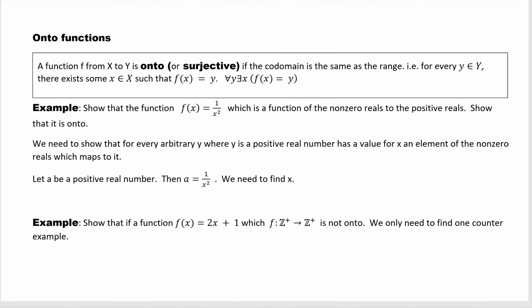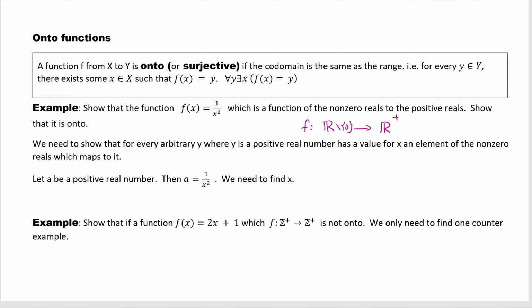Example: show that the function f of x equals 1 over x squared, from the non-zero reals to the positive reals, is onto. It's very important: the domain is the non-zero reals. A better notation is R with the point 0 deleted.